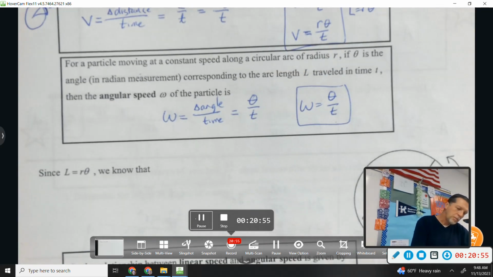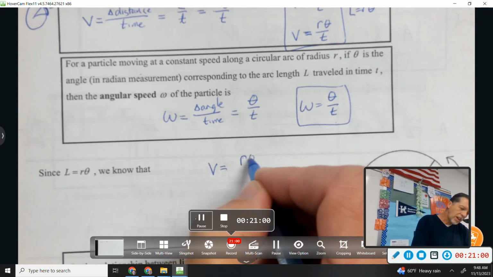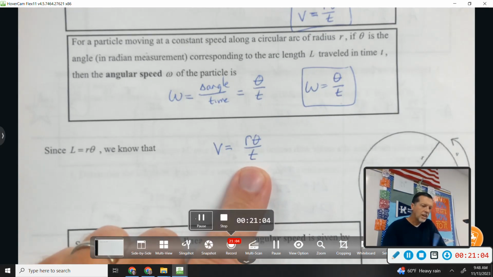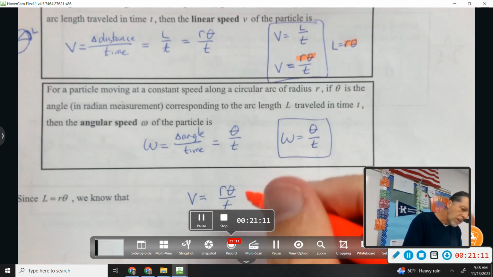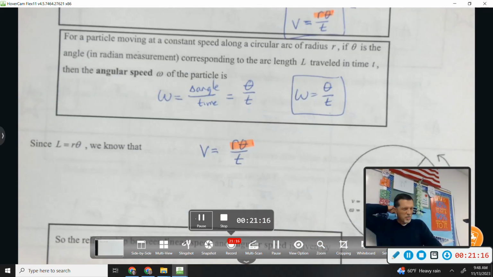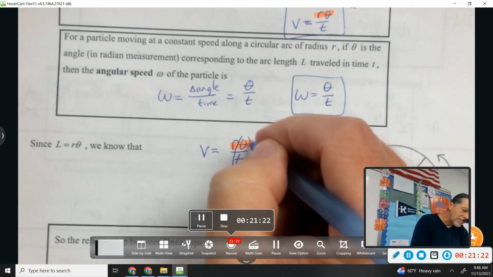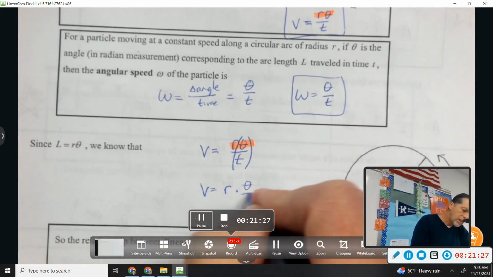Now, we're going to put these two things together. We said v is equal to r theta over t, right? Because r and theta make L. But if we regroup the variables, instead of looking at the r and the theta together, if we took the theta and the t together, right?